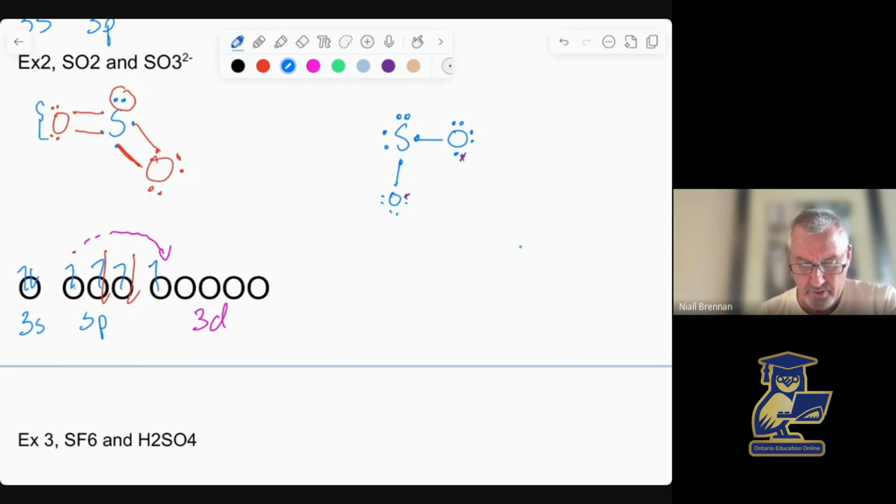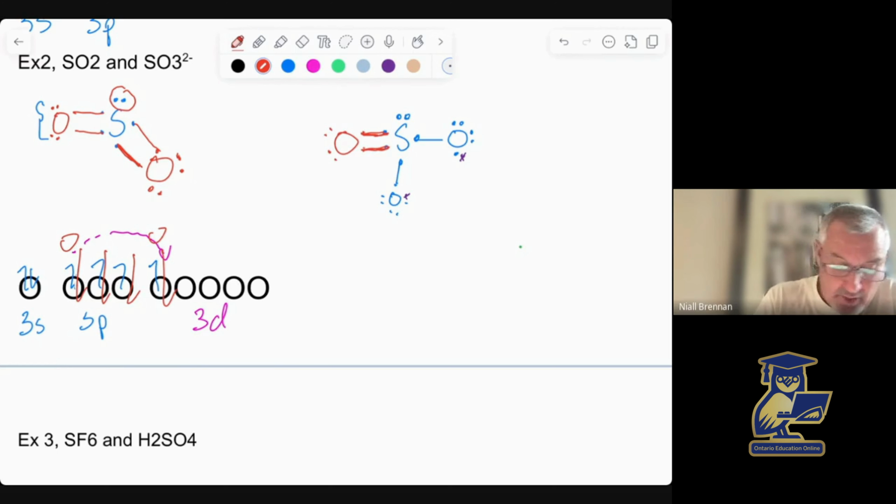So we're using that expanded octet, and we can pop in another oxygen here and make our double bond. And that double bond, of course, would be here and here. Those 2 are the 2 bonds that we would make.